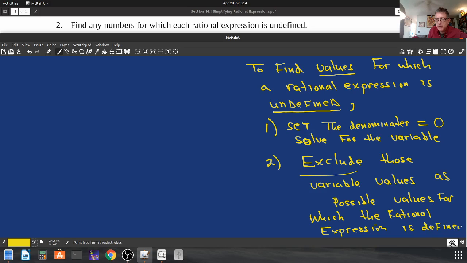So you exclude them, but here, literally what they only want you to do is find those variables.